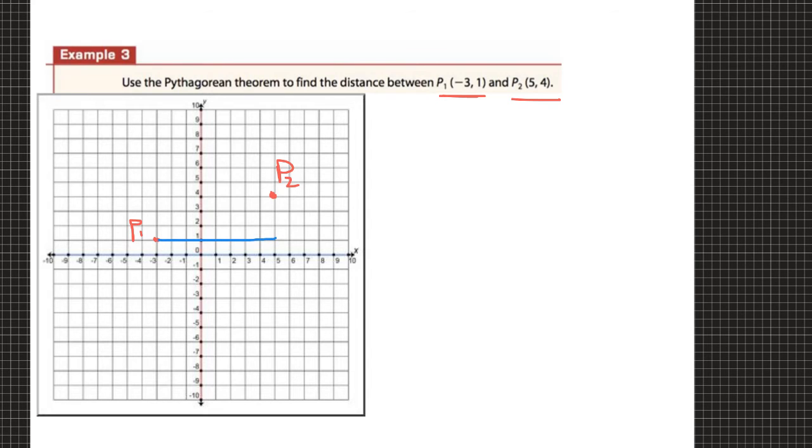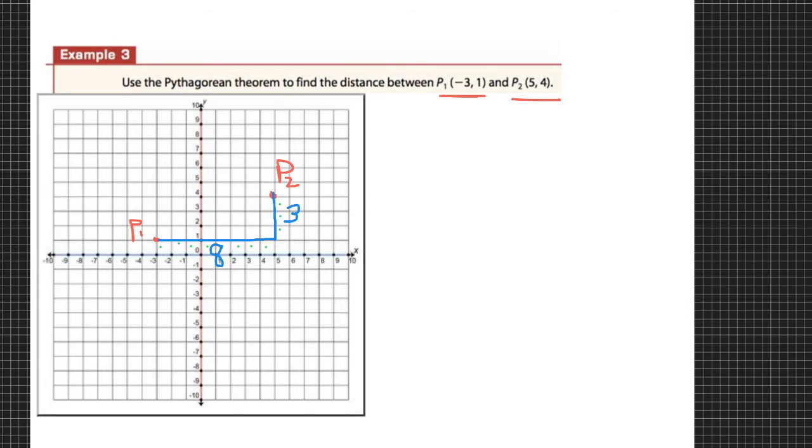Now, if we count how far over that is, 1, 2, 3, 4, 5, 6, 7, 8 units across. So this is 8 units. And then to get up to that dot, I'm going to move 1, 2, 3 units.